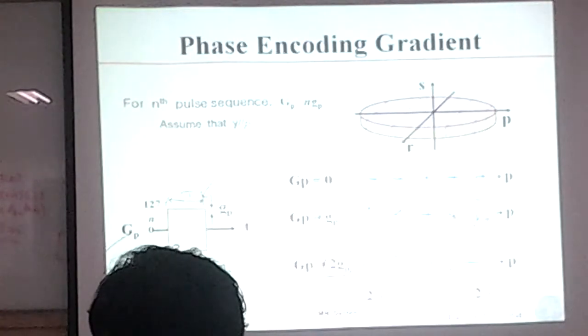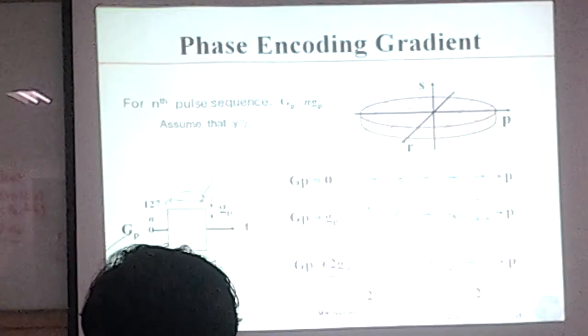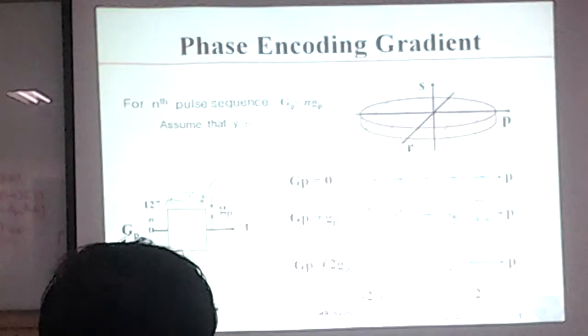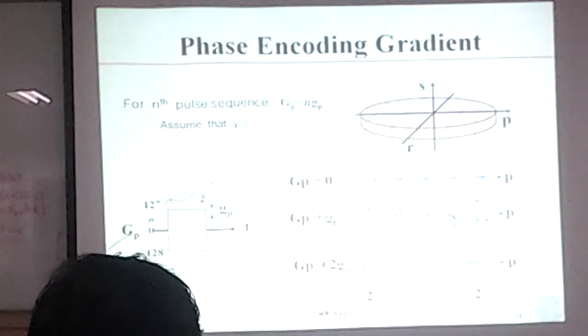So if the phase of this spin is pi, then this spin has 2 pi. So the phase varies according to the gradient strength. This is pi 1, then this is 2 pi 1. Okay. And different phase encodings are applied consecutively, so we can get the phase variation at each position here.